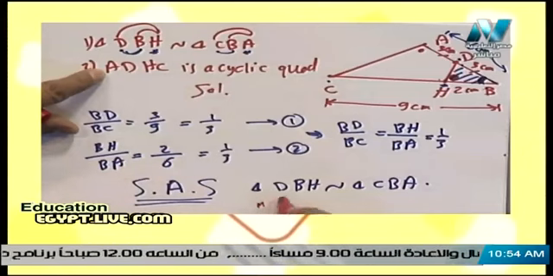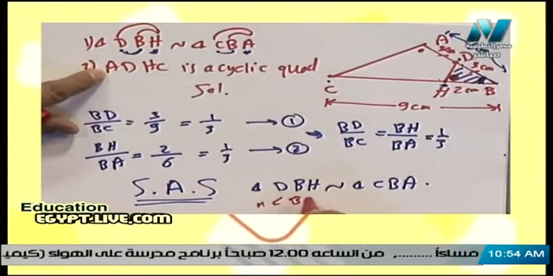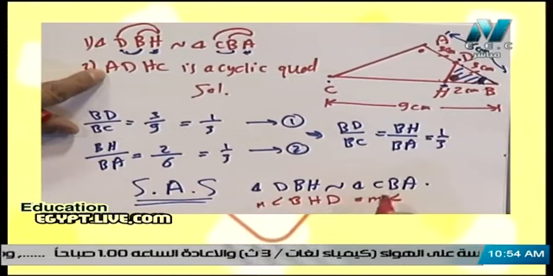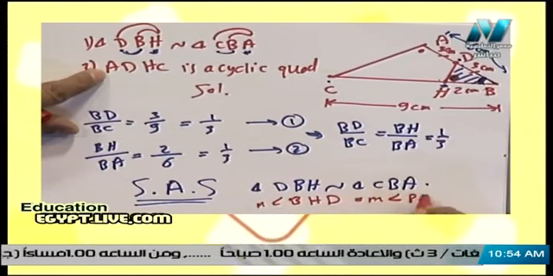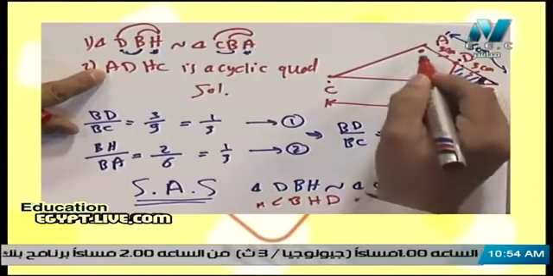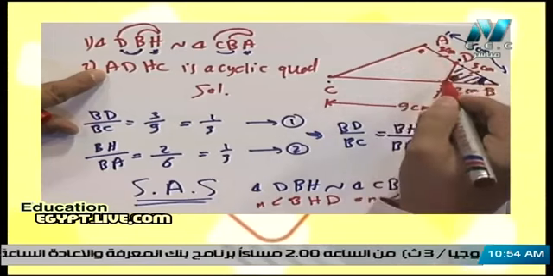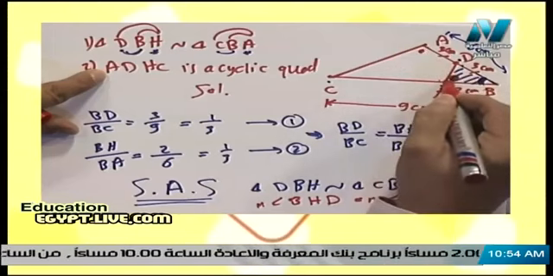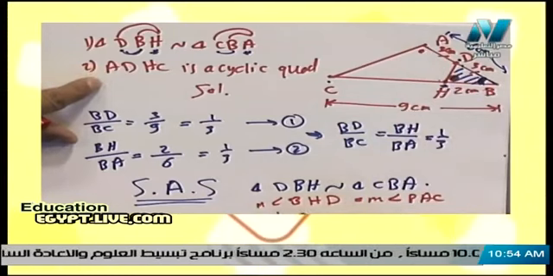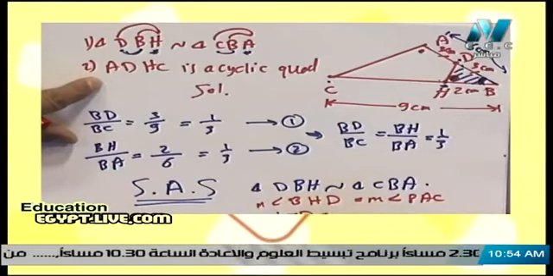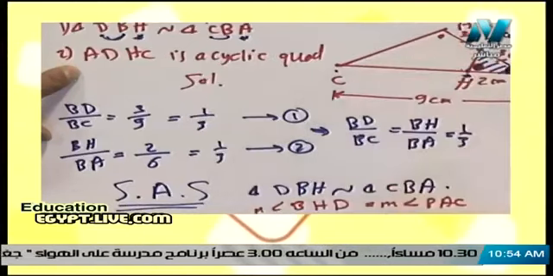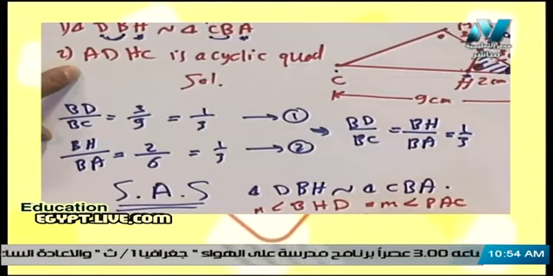So the measure of angle BHD equals the measure of angle BAC. So an exterior angle equals the interior angle opposite to this vertex. Then the quad DACH is cyclic.